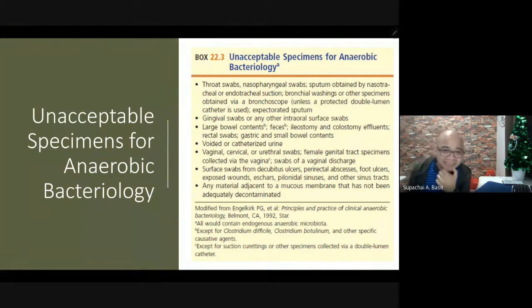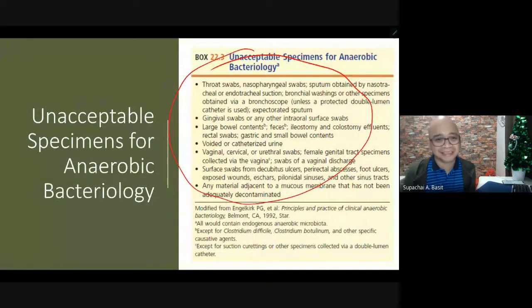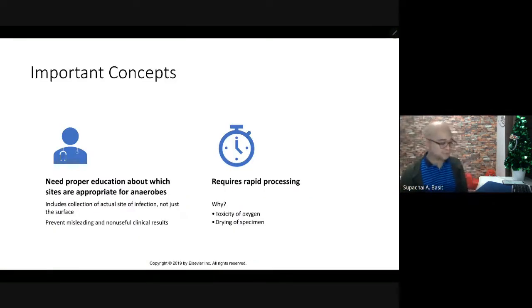These are unacceptable specimens: throat swab, sputum, gingival swab, large bowel content, feces, voided urine, vaginal swab, surface swab. Why? Because these specimens are already exposed to oxygen. So if our suspected bacteria are anaerobic, then they will not be able to grow.